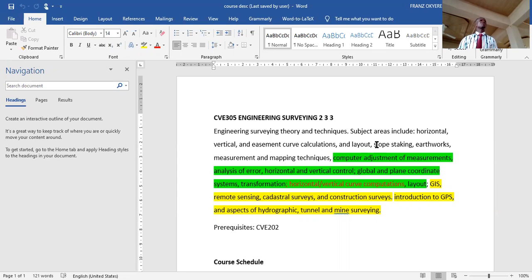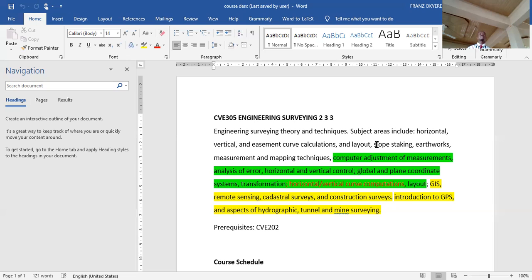What is horizontal control? What is vertical control? I think you are not surveyors, but maybe I need to find out if you know about it. Horizontal control, how do you establish it?